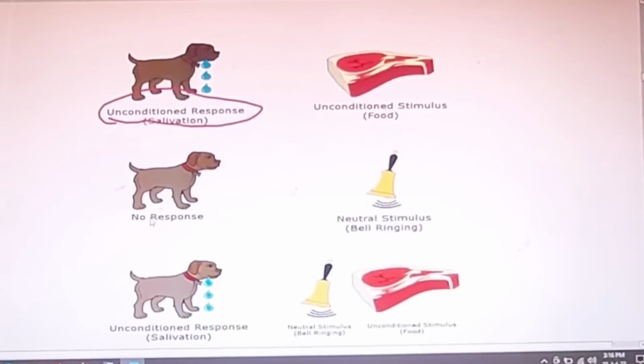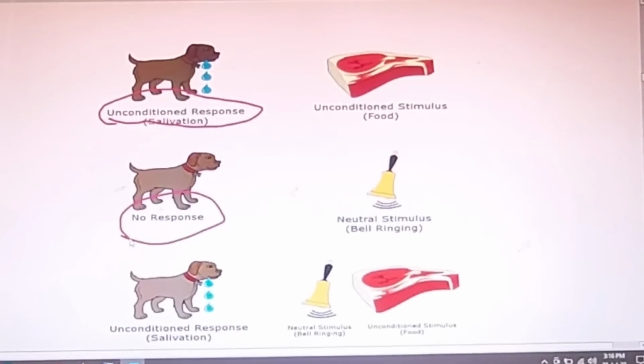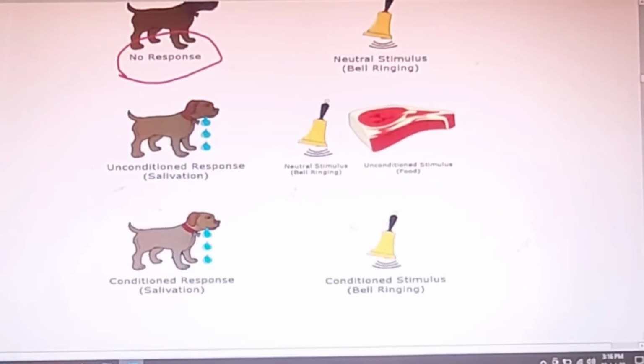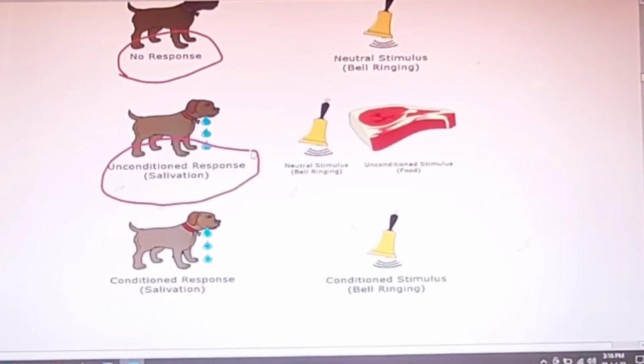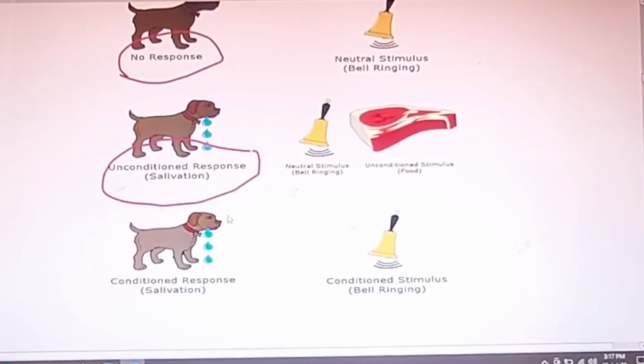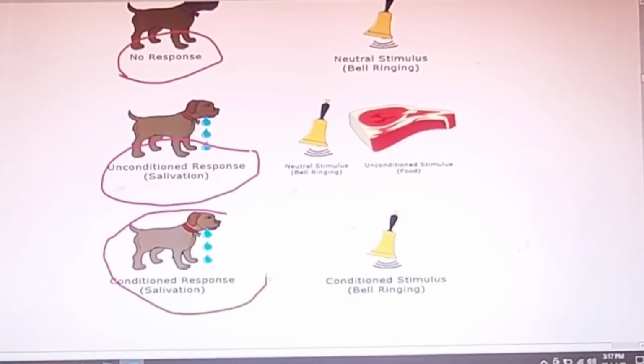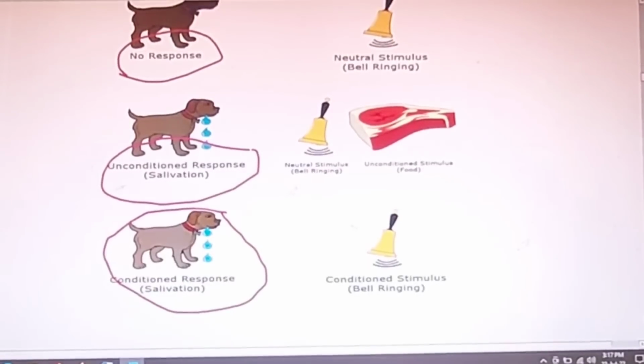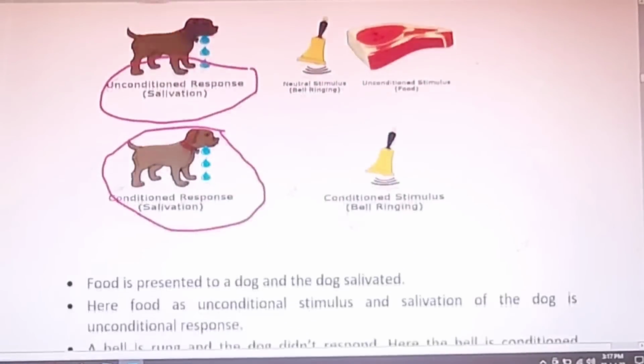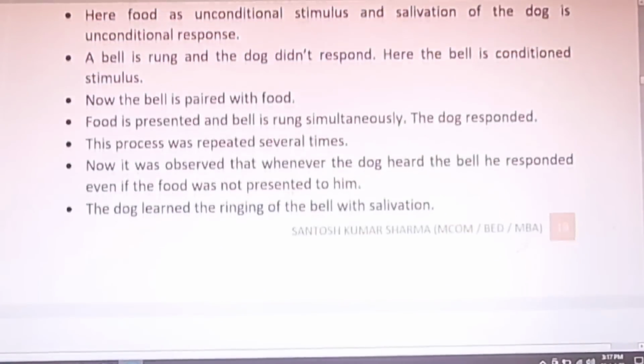And when the bell rings, there is no response from the dog. Okay. And when the bell rings along with the food, the dog responds. So the dog learns that whenever the bell rings, the food is delivered to him. So this is the conditioned response. So like this, you can write the points.